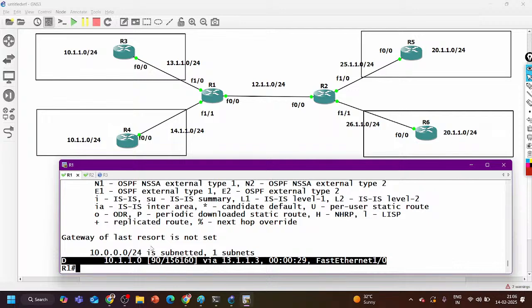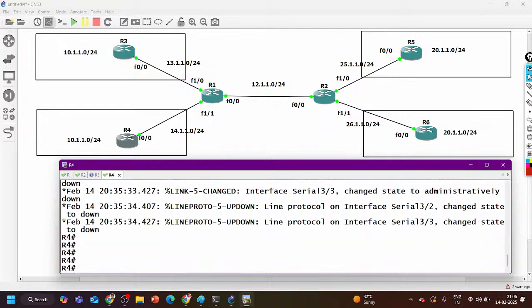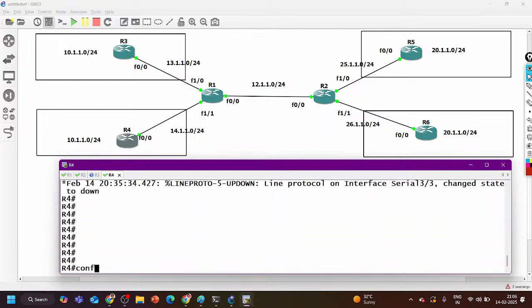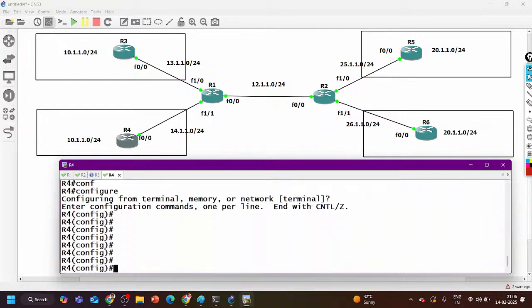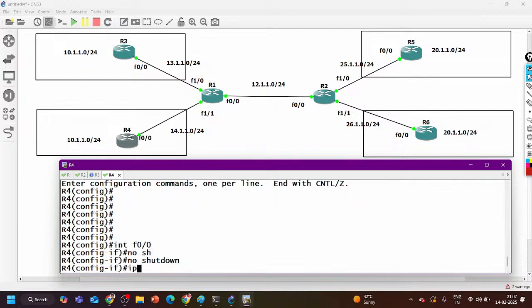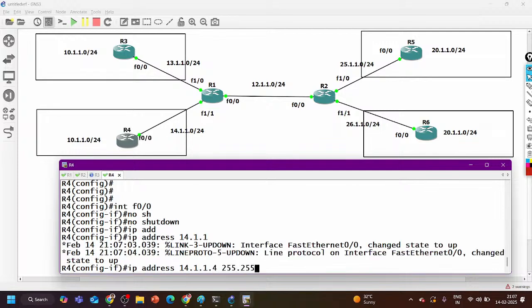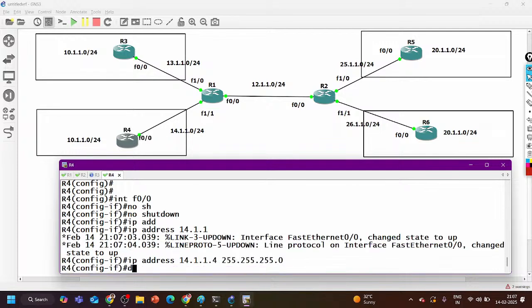Okay, now let me access R4 and configure R4, and between, let's say, R1 and R4 I am going to use another protocol. Interface F0/0, IP address 14.1.1.4 255.255.255.0. Ping 14.1.1.1. Will this ping work, guys?